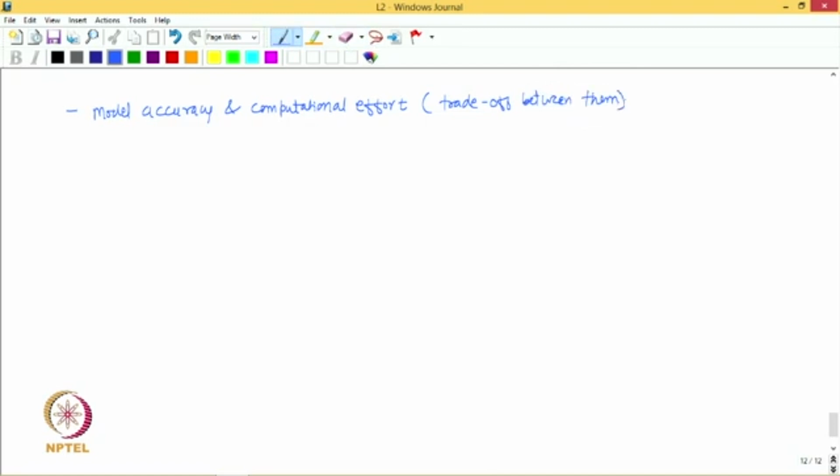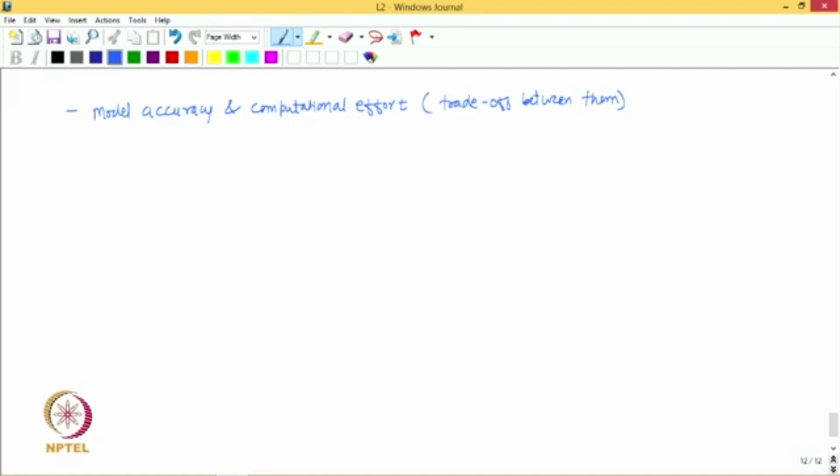As the accuracy goes up, the computational effort also goes up. So improvement in accuracy is desirable, but the increase in computational effort is not desirable. That has to be kept in mind.